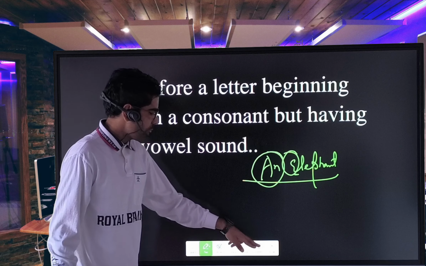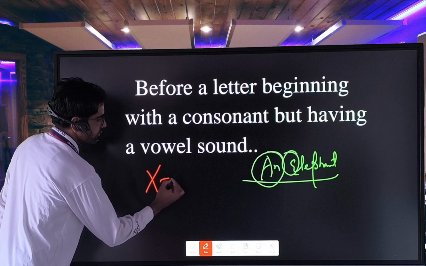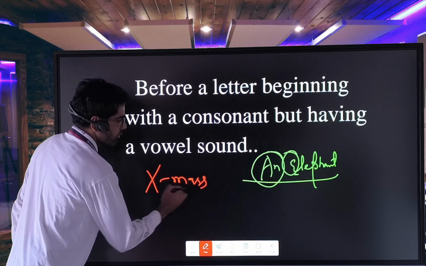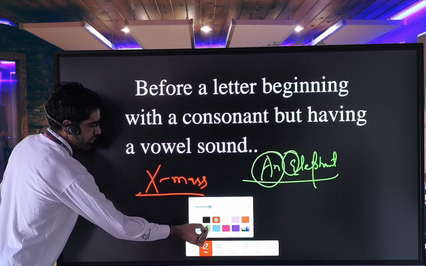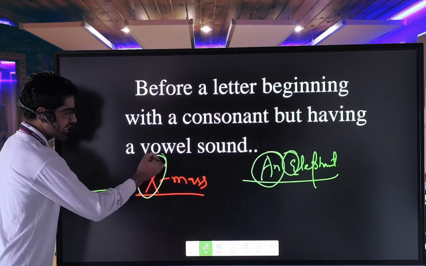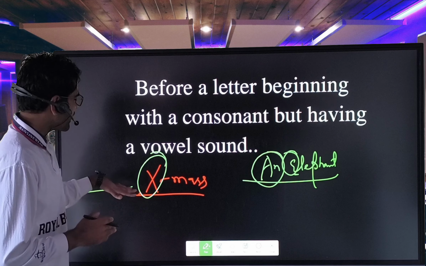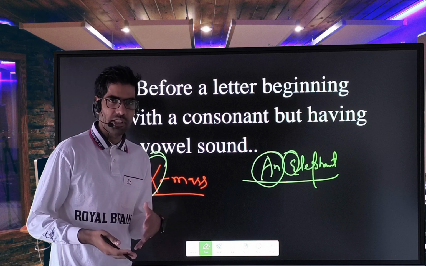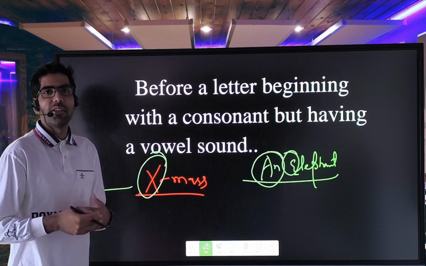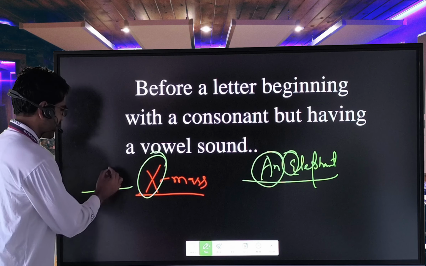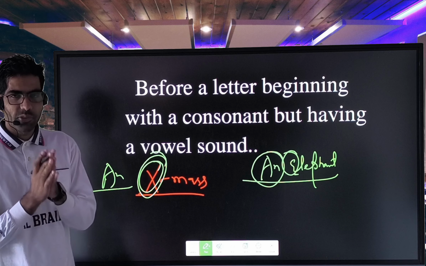But dear students, if we use here "Xmas", which article do I have to use here? Is X, dear student, any vowel letter? No, it's not a vowel letter, but it actually produces a vowel sound. Okay, if it produces a vowel sound, that means we have to use article "an", although it's not among the vowel letters. Got it, dear students?